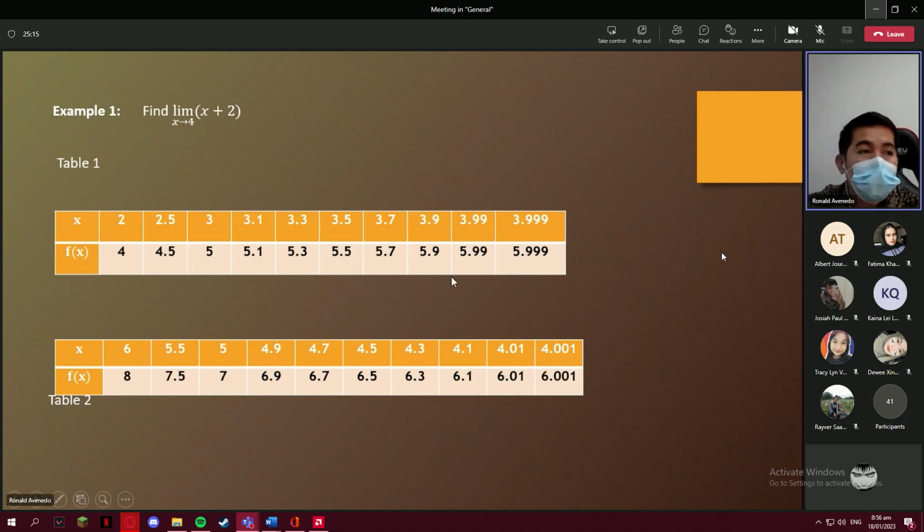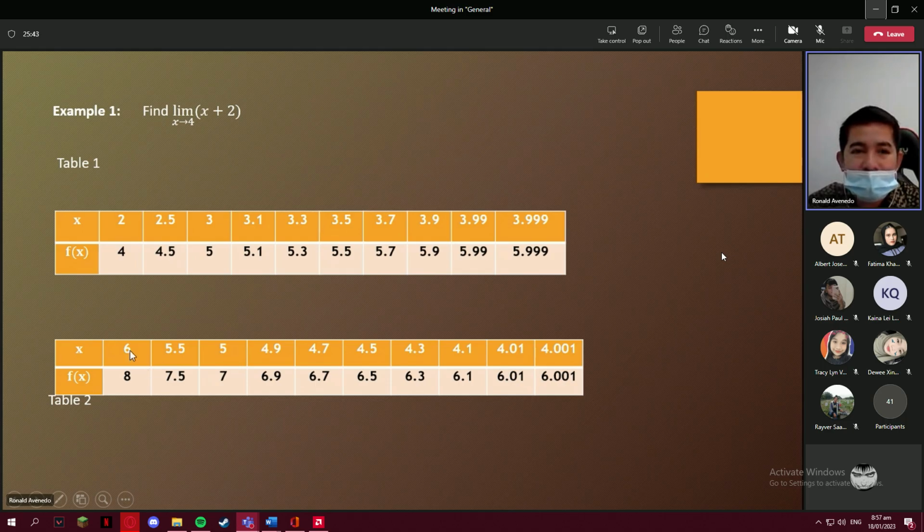Now, look at the same steps. Same solution. You will just have to find the values of f of x. You will just substitute the values of x to find the value of f of x. Just substitute the values of x dito sa ating x plus 2.